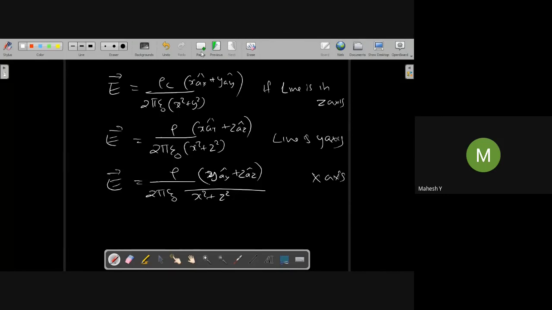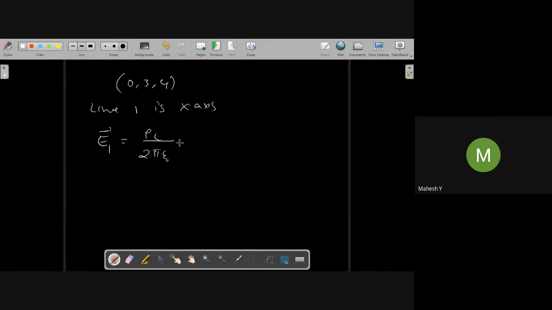Okay, done. So our problem is at point 0 comma 3 comma 4. The line 1 is in x-axis. So what is E1? E1 is equal to rho L by 2 pi epsilon 0 into, since along x-axis what expression I have to use? y ay cap plus z az cap divided by y square plus z square.